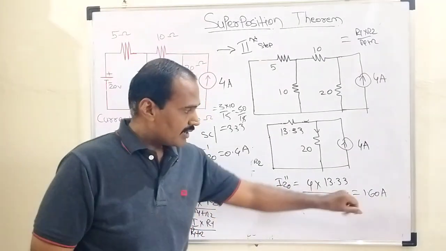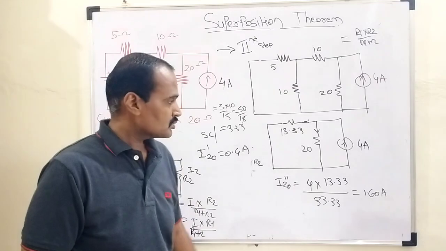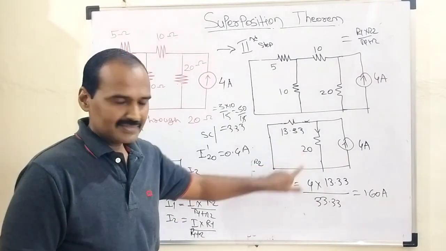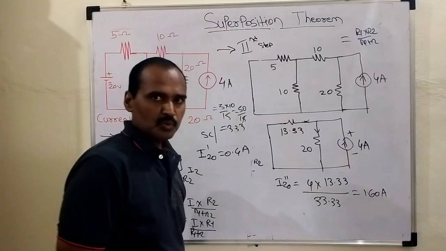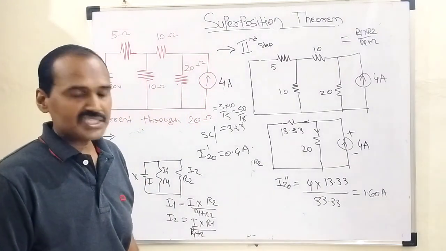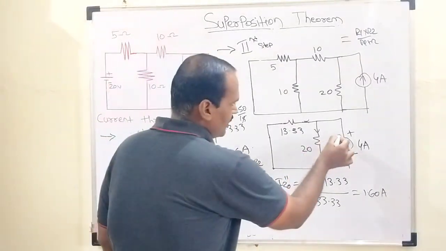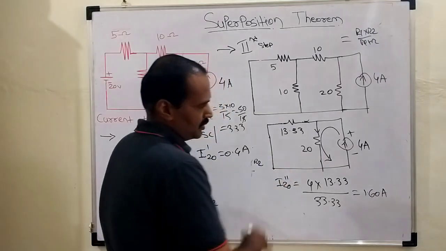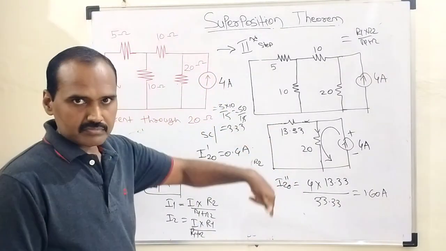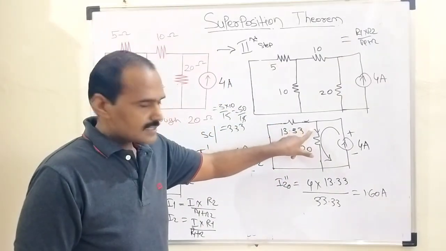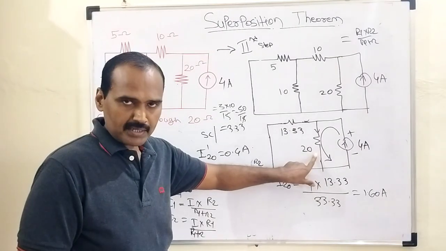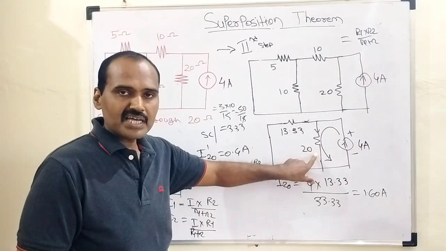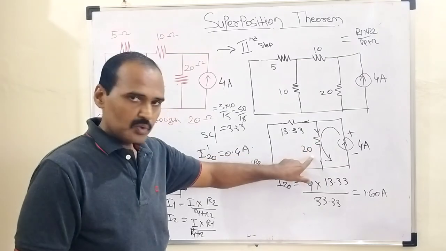Then how does this 1.60 ampere current flow through this 20 ohm resistor? See, this is the direction of current. The upper terminal is positive and the lower terminal is negative. The conventional direction of current is always from positive to negative, so from this top terminal to this bottom terminal, this will be the flow of current, top to bottom.